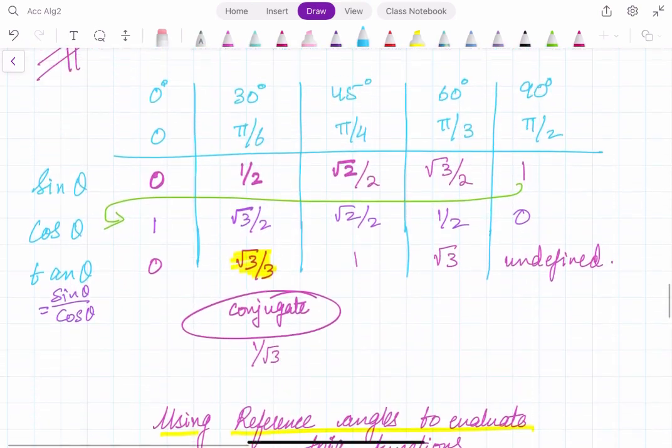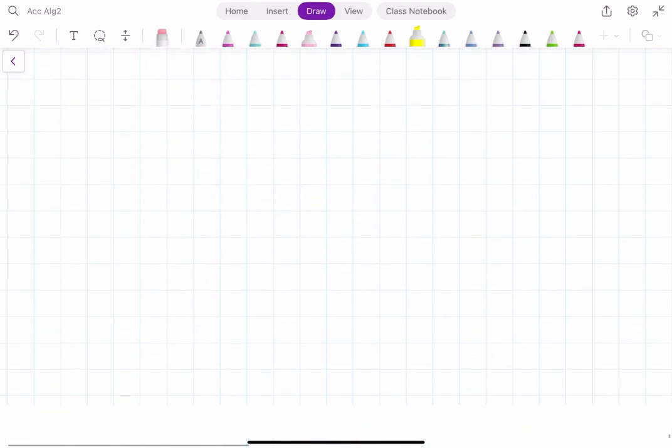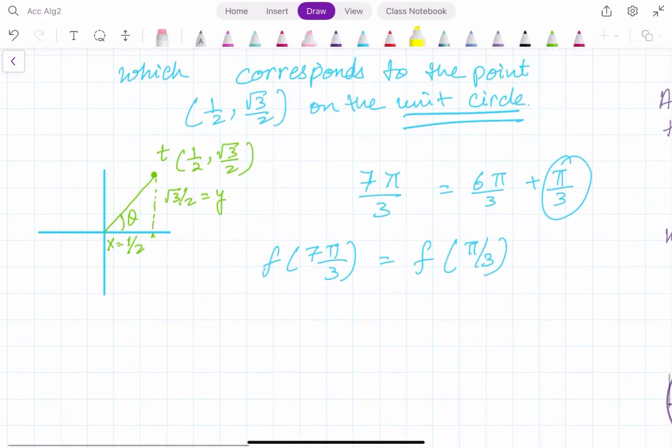Okay, I lost my page. Okay, here we go. So you can see from here what the table is and how we can use this table more efficiently. So tangent pi thirds from the table is radical 3.